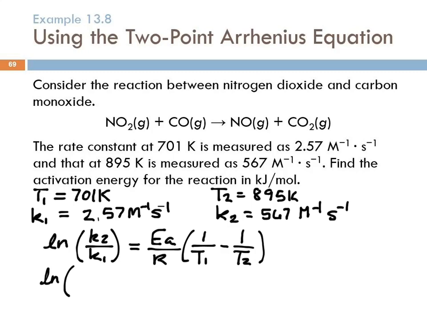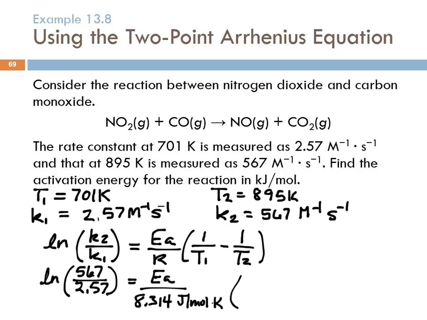So we've got the natural log of K2, 567, divided by K1, 2.57. The units on those two are the same, and they're divided, and so those units cancel out. So I just canceled out the units. EA is what we're trying to find. R is 8.314. That'd be a real good number to memorize. Joules per mole Kelvin.